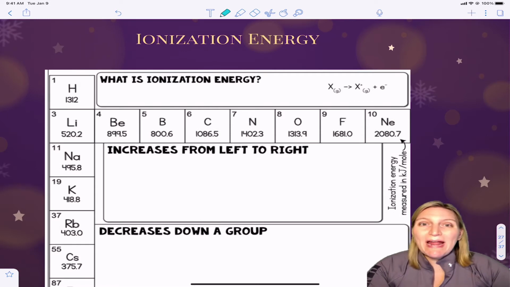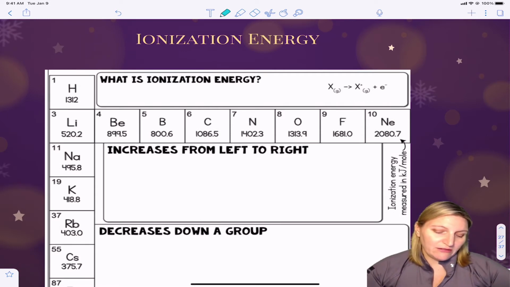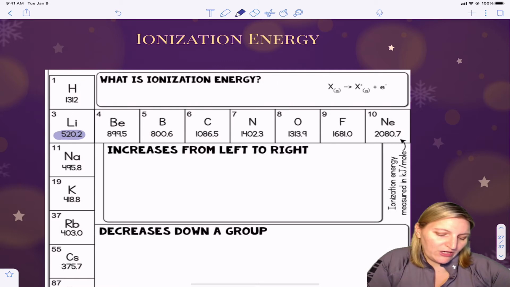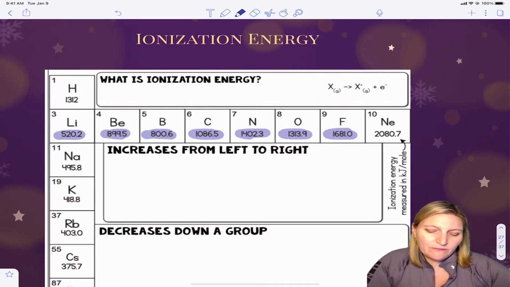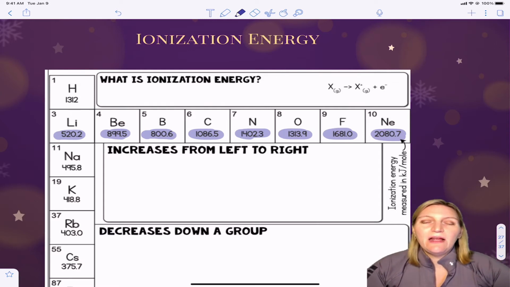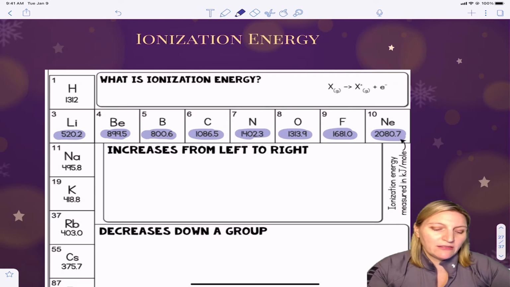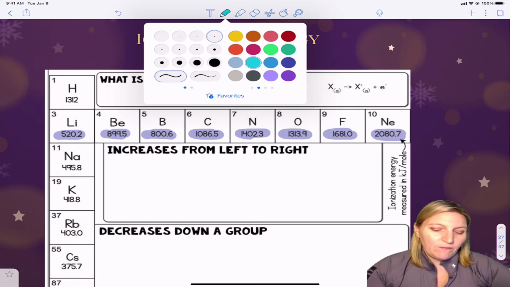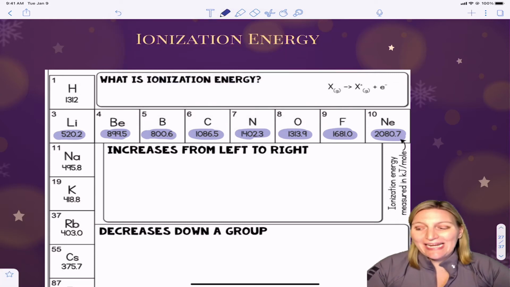So what is the trend in ionization energy? Well, here's a little sample from the periodic table. And if we look at the ionization energy as you go across from left to right, you can see that it may not be completely the pattern all the way across, but in general, ionization energy increases as you move from left to right.